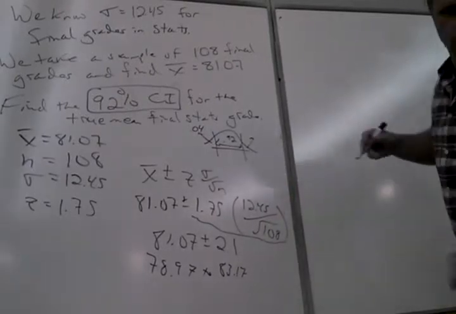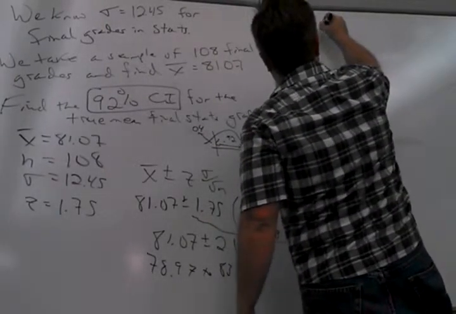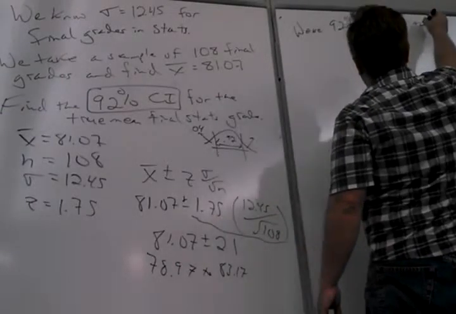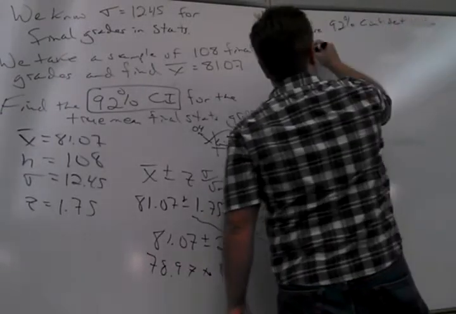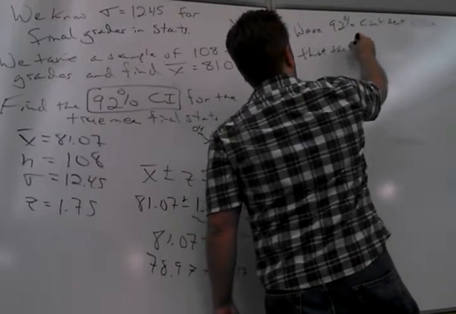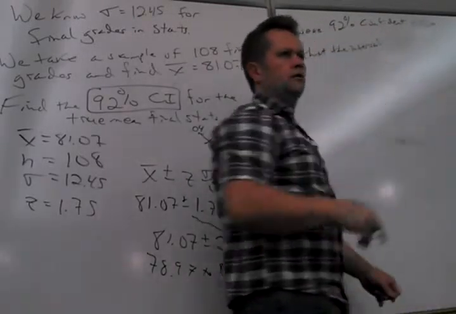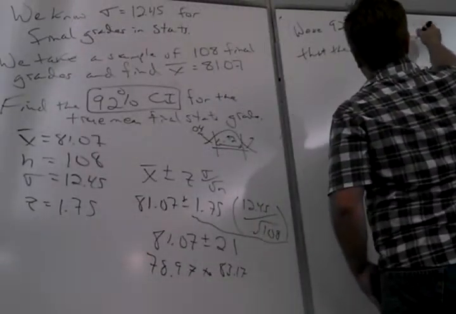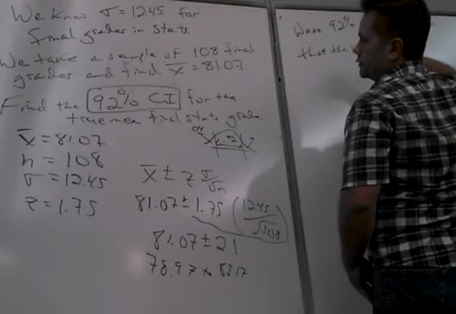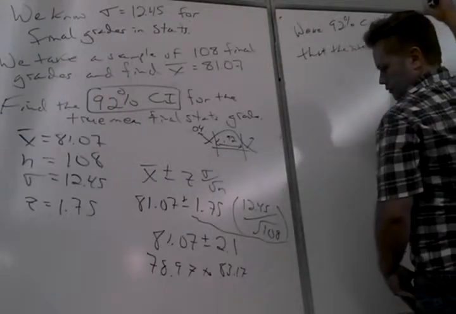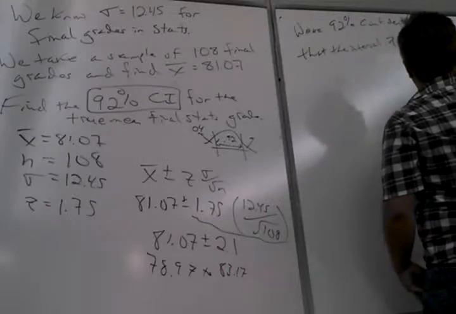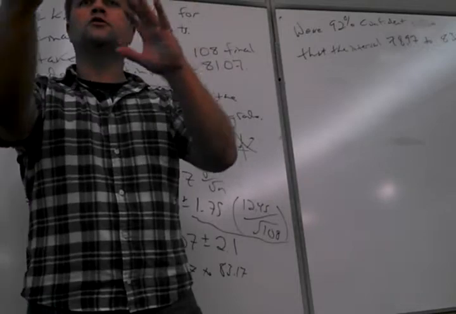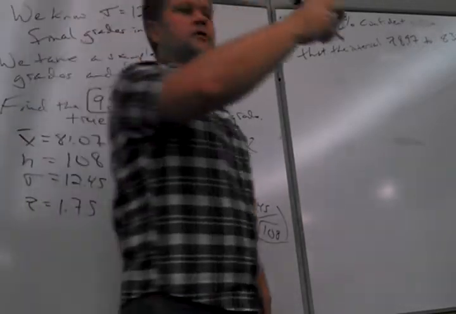We are 92% confident that the interval 78.97 to 83.17 contains the true mean of final grades in statistics. Beautiful. I love it.